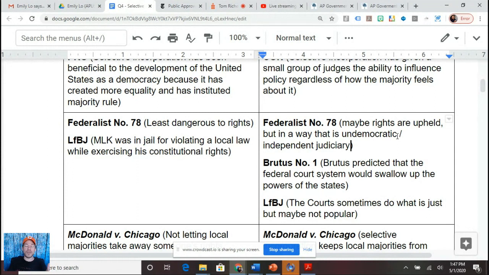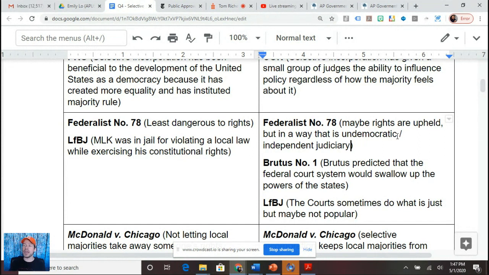When you read Brutus number 1, he saw this sort of thing coming, that the Supreme Court would tell people in states and local communities what they had to do and how they had to live. And so Brutus is someone that is kind of sounding a warning that the Supreme Court is going to become too powerful.